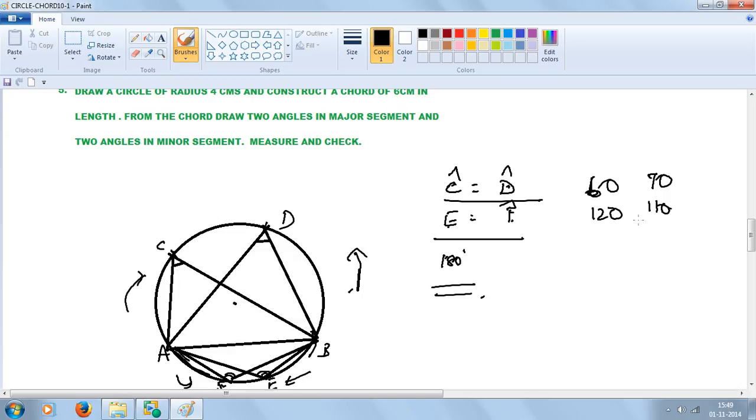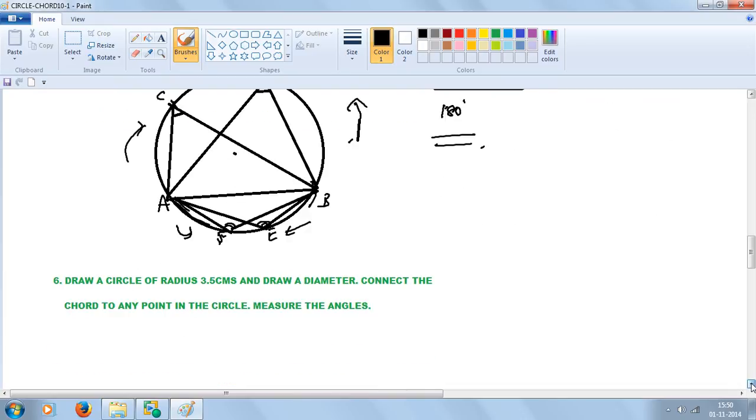To be very precise, if you join CD, you observe the properties of the chords.